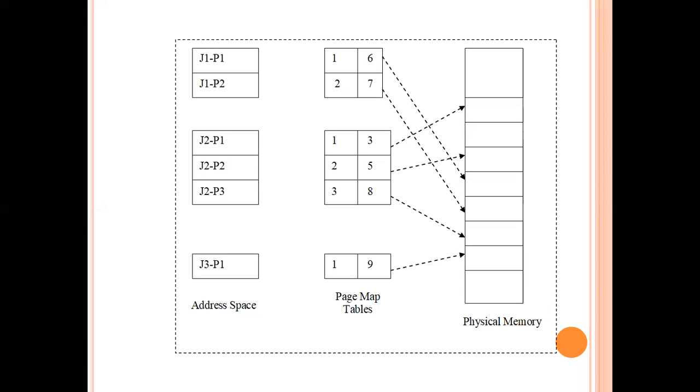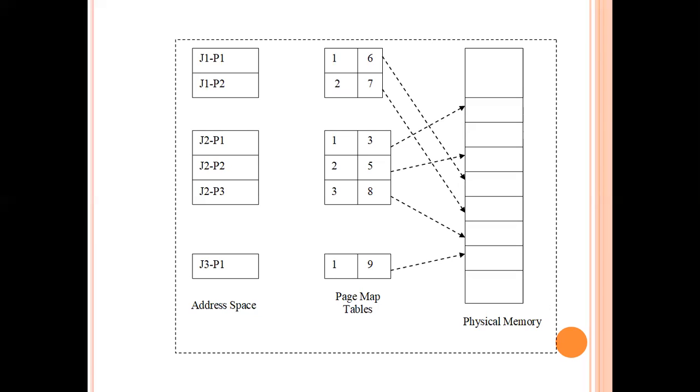The remaining blocks 3, 4, 5, 6, 7, 8, 9, 10 are available for the user. Then we take the first job, page 1 and page 2. The first page of the first job is loaded in the sixth block. You can see the mapping. Next, the second page of the first job is loaded in block 7.